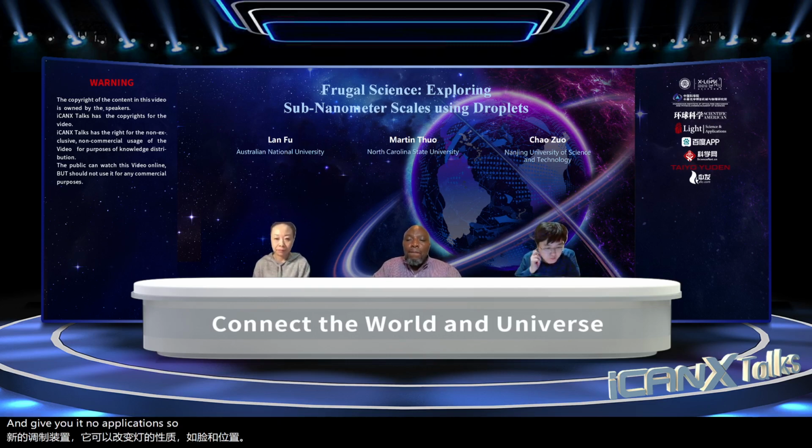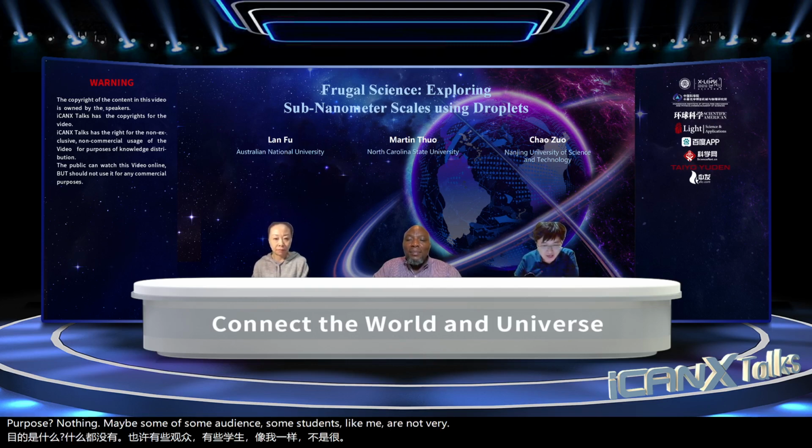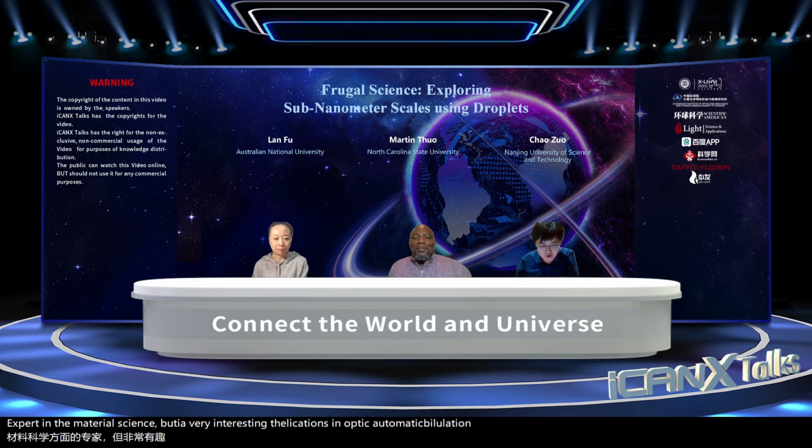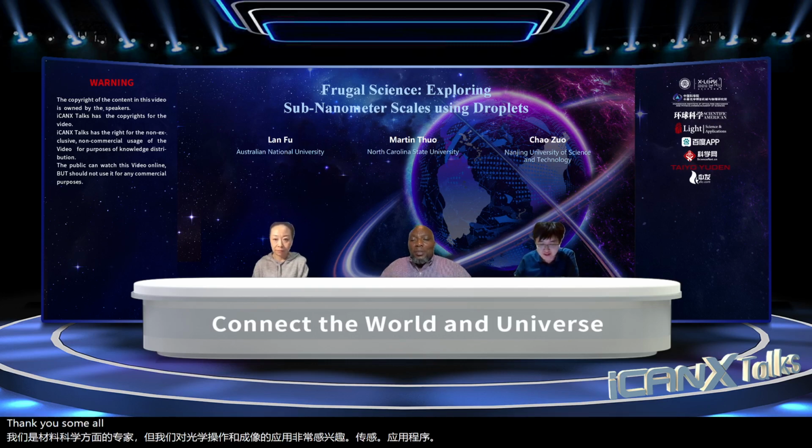So can you make a brief comparison between your self-assembly surface and a metal surface for optical imaging, for optical manipulation purposes? I think some audience, some students like me, are not very expert in material science, but we are very interested in its applications in optical manipulation and for imaging and sensing applications. So can you give some comments on this point?